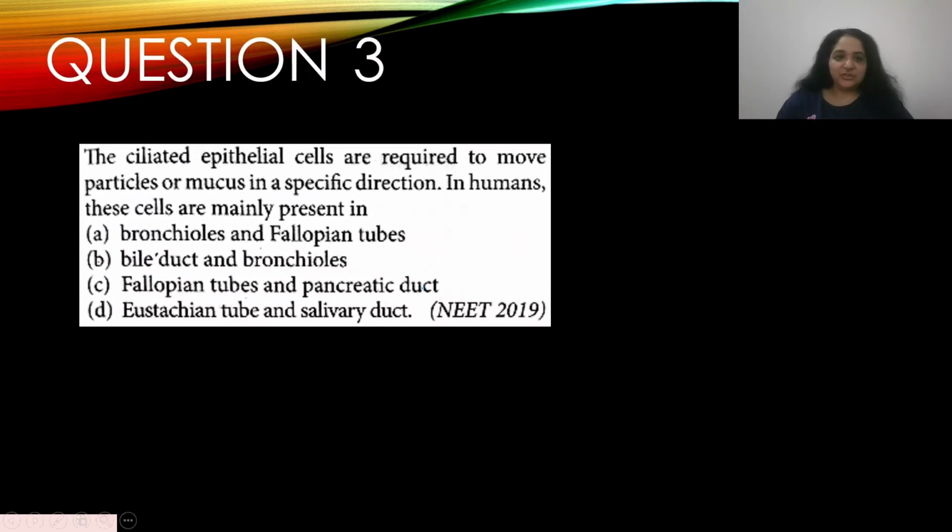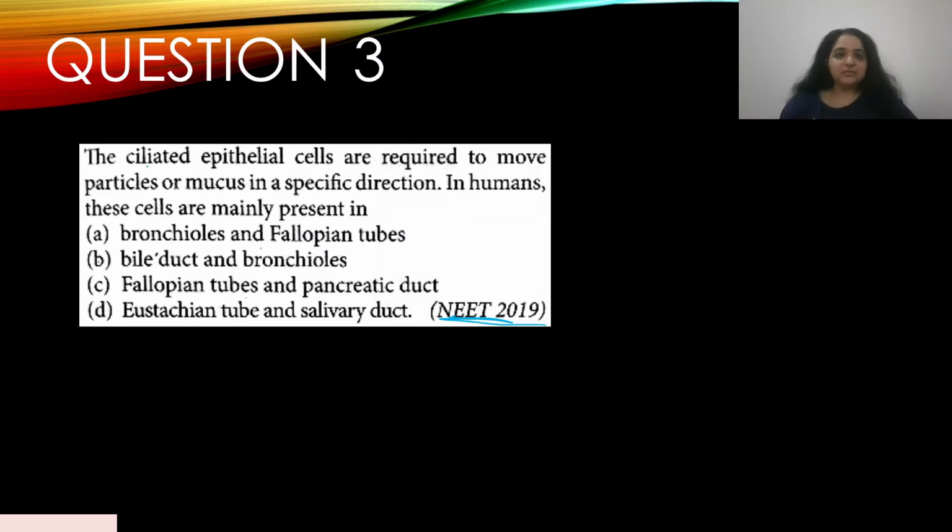Okay, question number 3. The ciliated epithelial cells are required to move particles of mucus in a specific direction. In humans, these cells are mainly present in, this appeared in NEET 2019. So you have A. Bronchioles and fallopian tubes, B. Bile duct and bronchioles, C. Fallopian tubes and pancreatic duct, D. Eustachian tube and salivary duct.